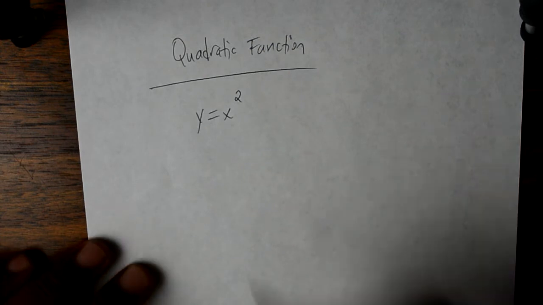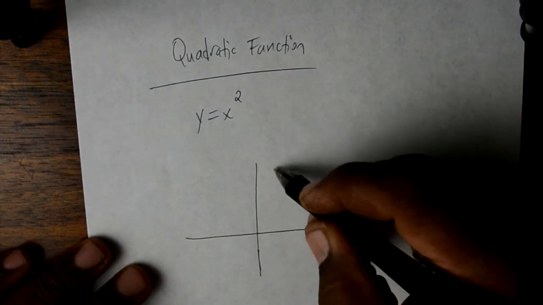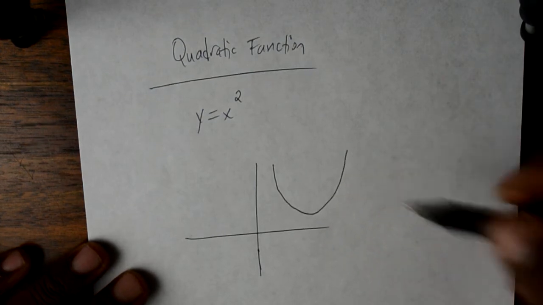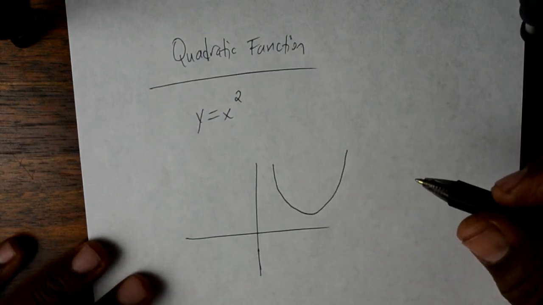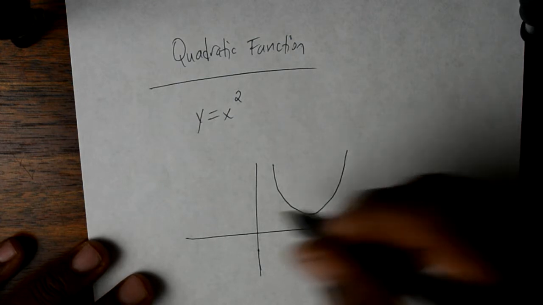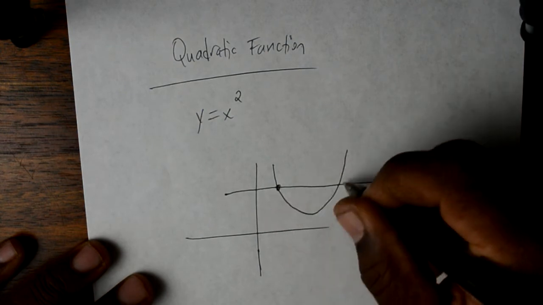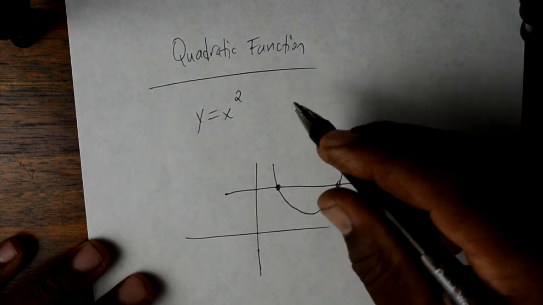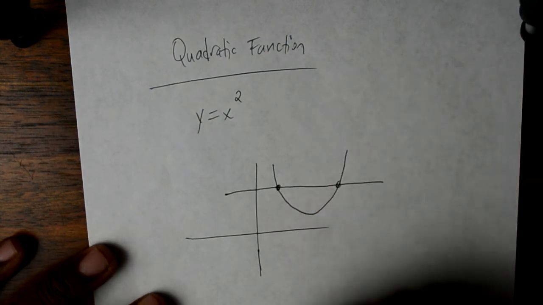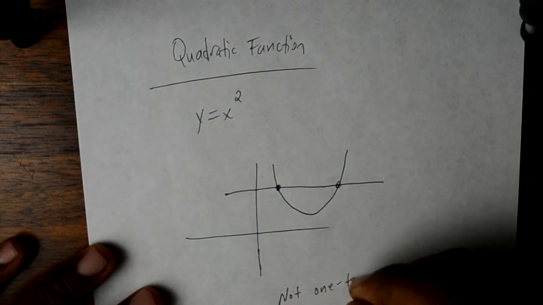And if we take a look at this most general function on an x and y axis chart, we'll notice that it will form a U-shape or a parabola. If we were to apply a horizontal line test, notice that we have 2 points of intersection. So any quadratic function is not one-to-one.